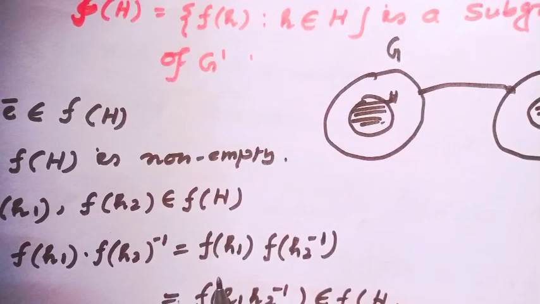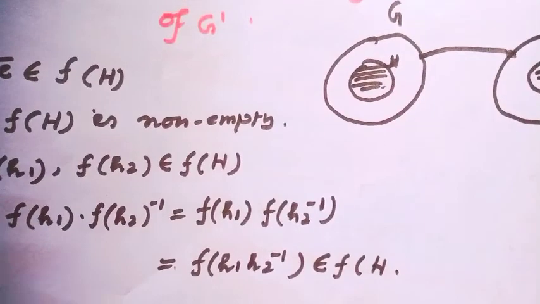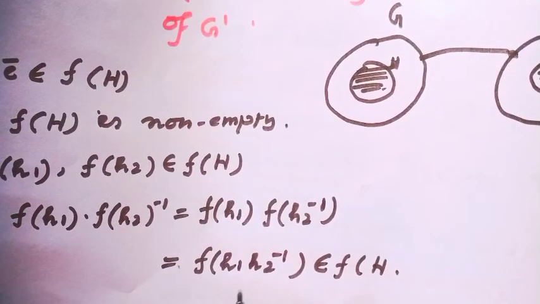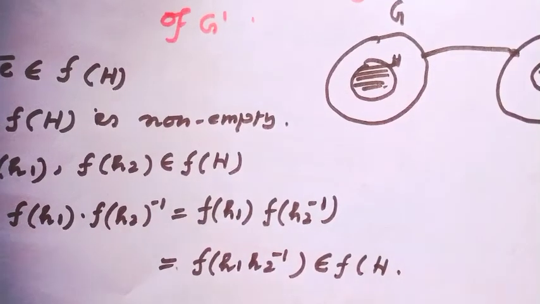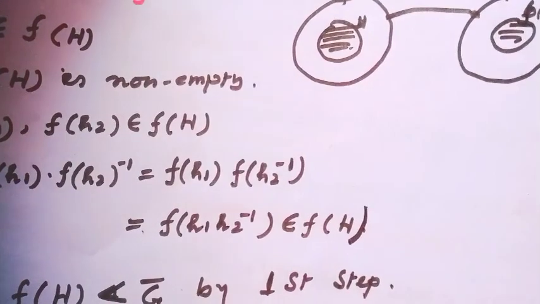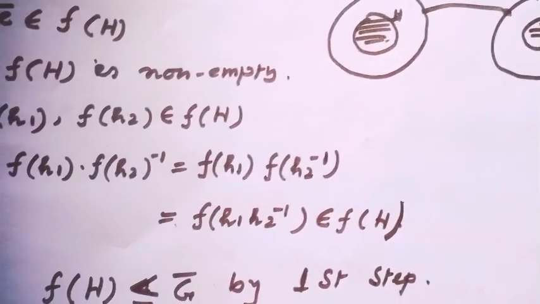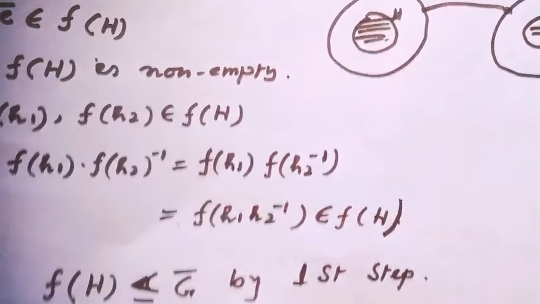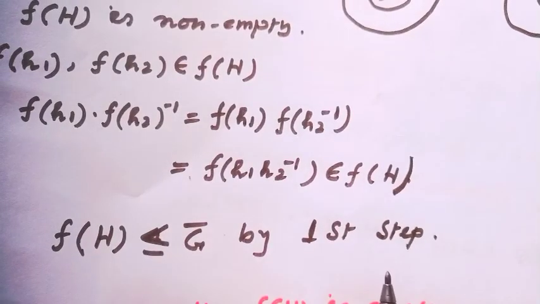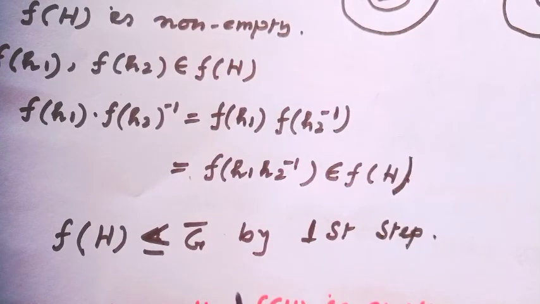That means this is equal to f of a1 times f of a2 inverse, and by the property of homomorphism, this is equal to f of a1 a2 inverse, which is a member of f of A. So, by the one-step test, f of A must be a subgroup of G bar.